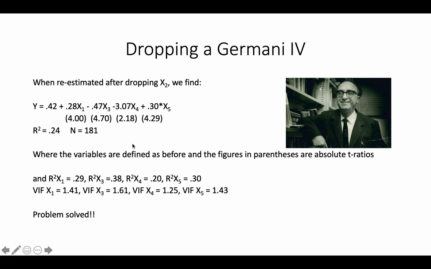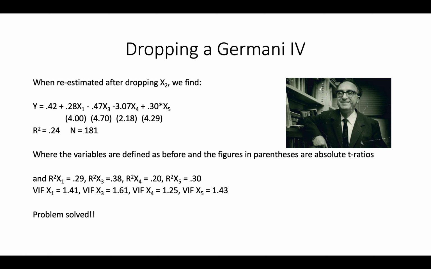Now, what about multicollinearity? If we look at those R-squared values of each independent variable regressed on all of the other independent variables, when x sub 1 is regressed on x sub 3, x sub 4, and x sub 5, notice how low the R-squared is, 0.29. The other R-squareds, 0.38 when x sub 3 becomes the dependent variable, 0.20 when x sub 4 becomes the dependent variable, and 0.30 when x sub 5 becomes the dependent variable.